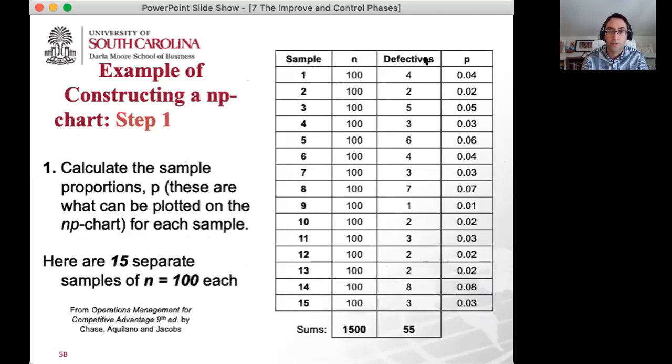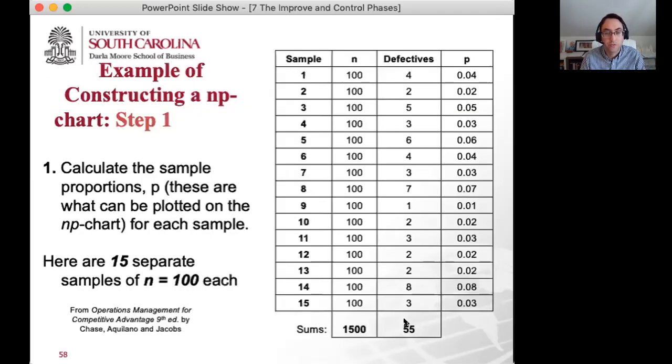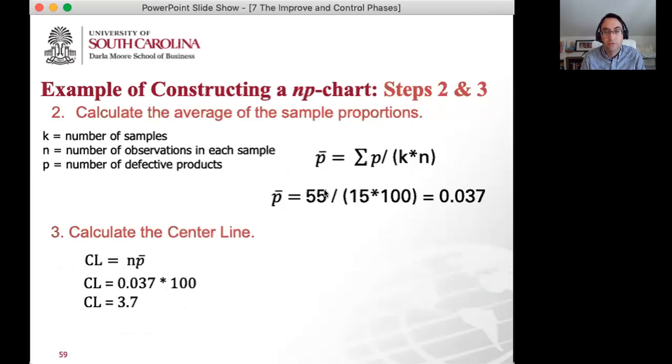Here I have how many were defective, so total 55 defective. And what is the P for each sample? What is the proportion and the percentage for each one of them? It is here. And then I can calculate P bar, which is the sum of P, which is the 55. You guys remember this 55. So the sum of P, 55, divided by K times N. K is the number of samples and N is the number of items or observations in each sample.